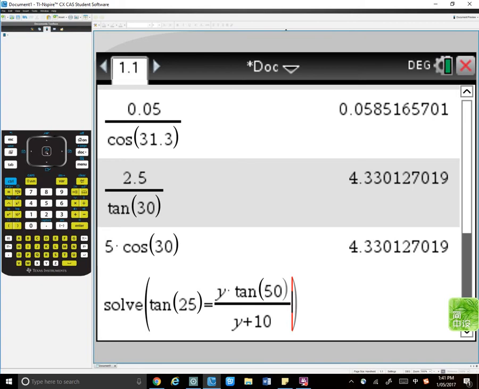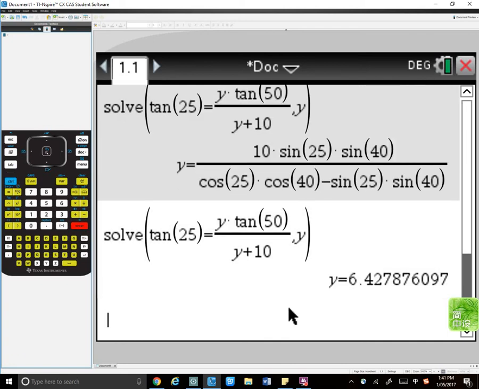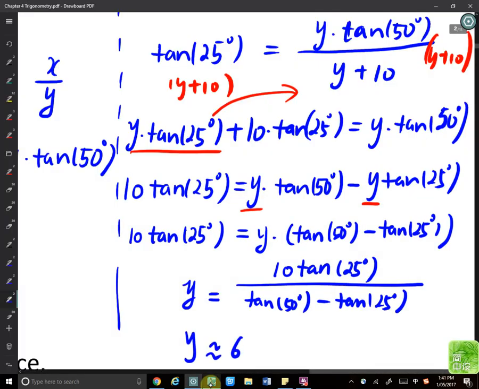And you want to solve for y. You press comma y, and press enter. That's exact. Control and enter, you have 6.427. Okay, let's say that's 6.43. You directly have the answer.